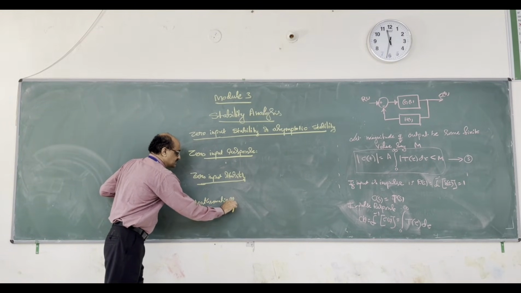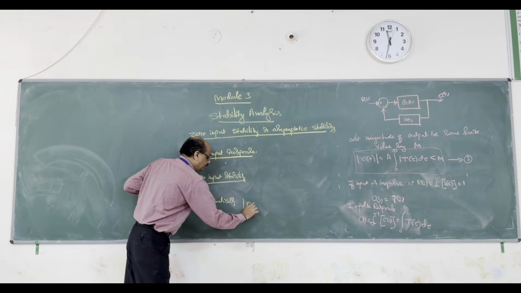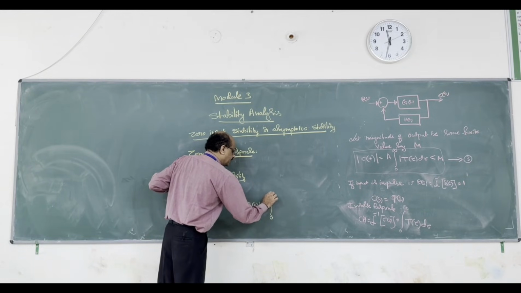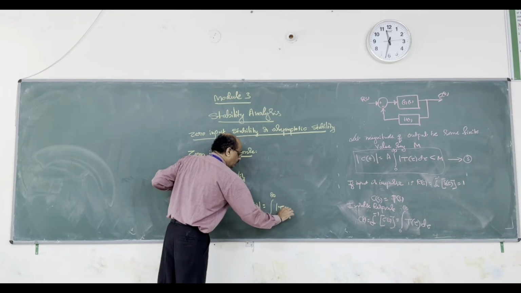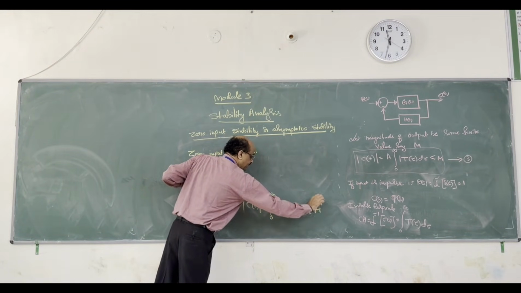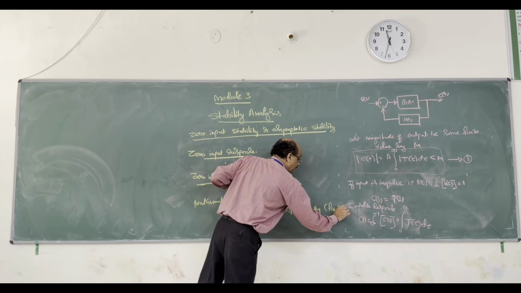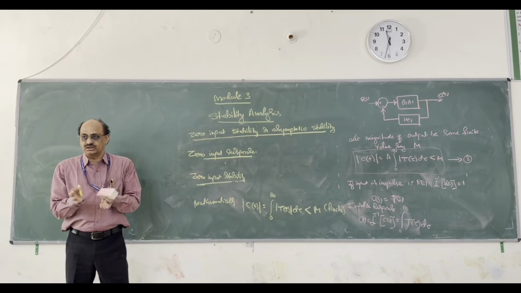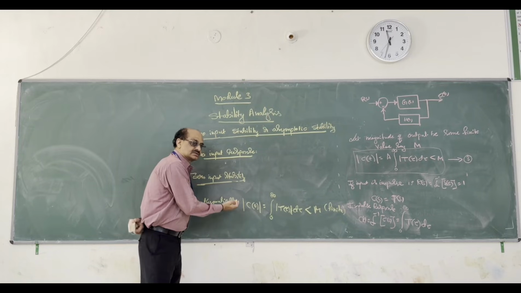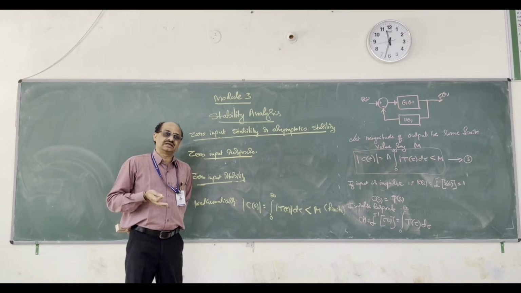Mathematically, we can express zero input stability. It's a very simple thing. I already proved that for a bounded input, the integral of the impulse response from 0 to infinity must be less than a finite value. For zero input stability, the response of a system must approach zero as t tends to infinity.